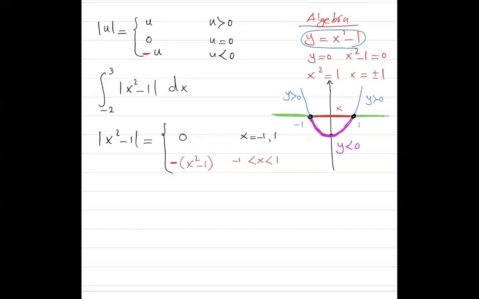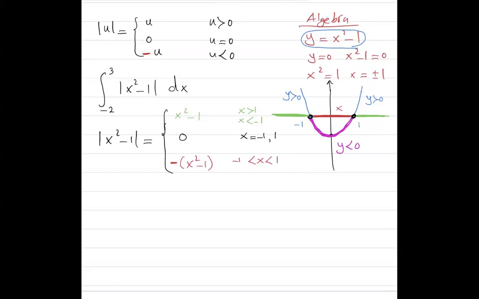As long as my x is more than 1 or x is less than -1, I get the exact same quantity back. I get x squared minus 1. Very good. So let us graph the absolute value.